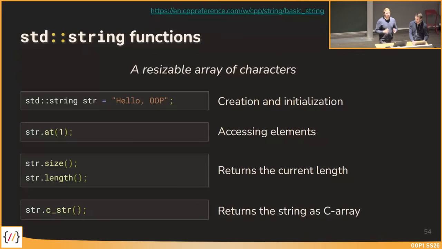And if there's any need to work with the actual C string that is used underneath, you can also call the function c_str, and this will return the C string, so the C array, including the null byte, and you can then work with that if you need it and do some operations that you would have done, for example, in C. But most of the time you will just use the std::string. There might be some use cases where the C string is needed.